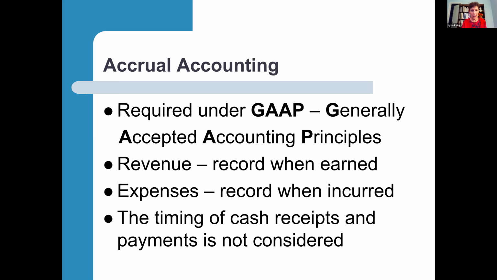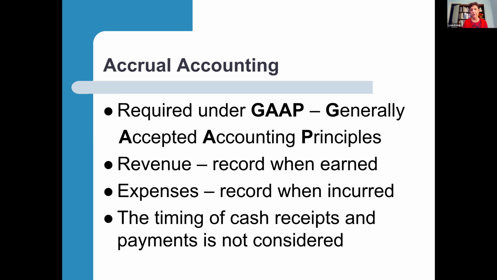Now, here's this accrual accounting thing, which I think is very, very important for us to get our arms around tonight, because I've seen too many of my small businesses just do everything on a cash basis, which really misrepresents your operations. Okay, so accrual accounting is required under generally accepted accounting principles. That's the accounting police.